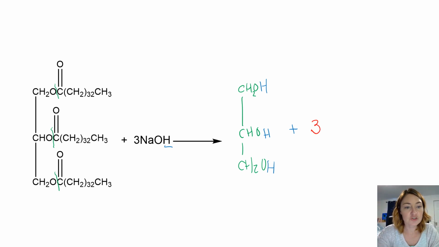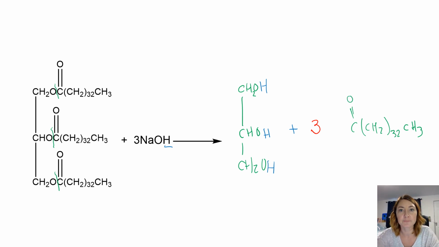I'm going to go ahead and just draw what we have written once that ester bond is broken. CH3, we have 32 CH2s. I'm just working backwards, guys. And there's my carbonyl. To this, we are going to add our oxygen group, which has a negative charge. And my sodium with its positive charge is going to be attracted to that oxygen.